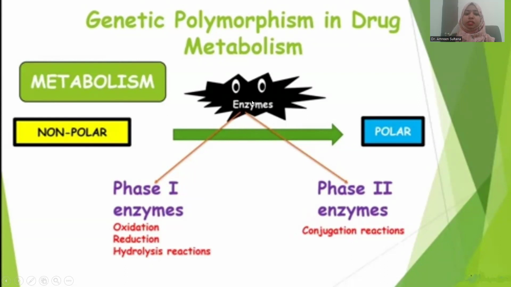These enzymes are divided into two, phase 1 enzymes and phase 2 enzymes. Phase 1 involves oxidation, reduction and hydrolysis reactions. But phase 2 involves conjugation reactions. Based on this, you can identify the metabolism condition of the genetic polymorphism.